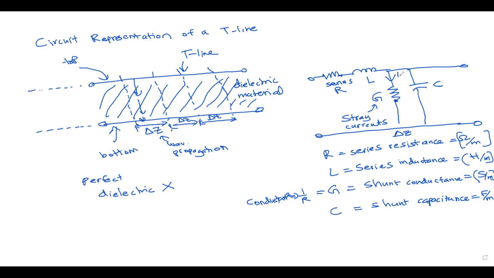After some time, some voltage gets generated across the transmission line. That voltage is denoted using this capacitance. This capacitance denotes the voltage that is generated between the two conductors due to the stray currents.